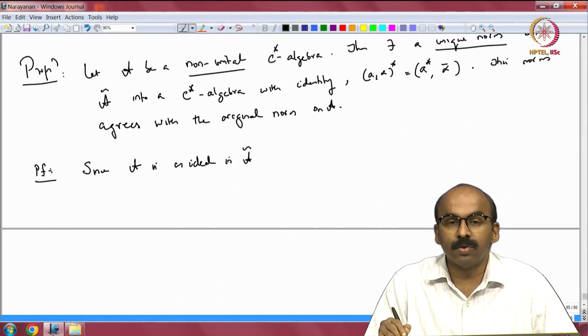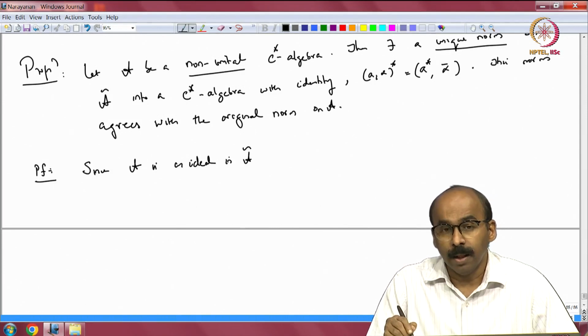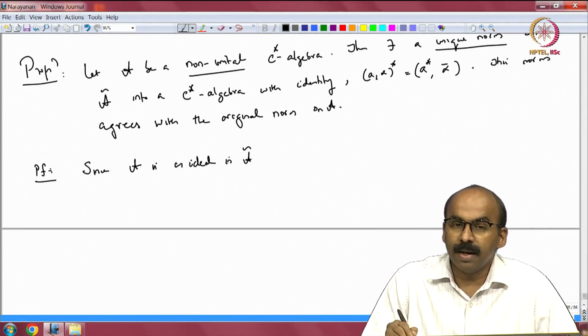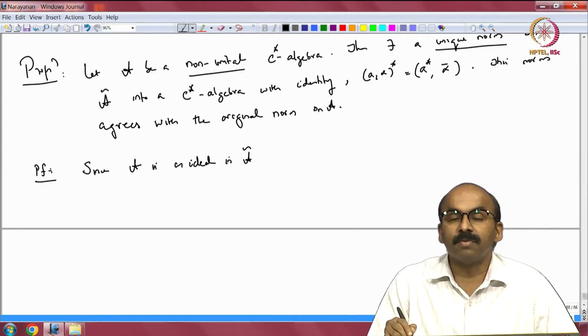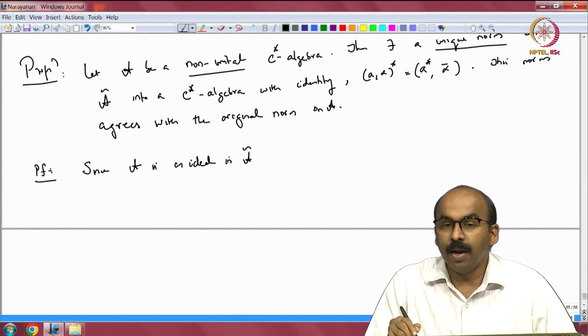You take anything in A tilde and multiply things in A, and you will land in A, and A in itself is a Banach space. So, A tilde is acting like bounded linear operators from A to A, and you take the operator norm of those elements.